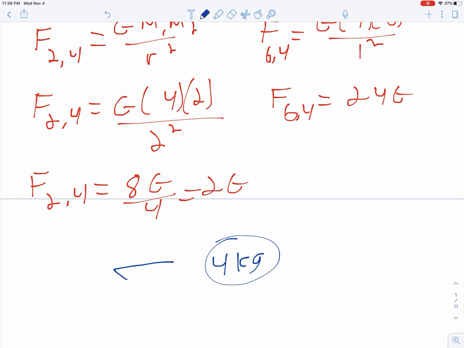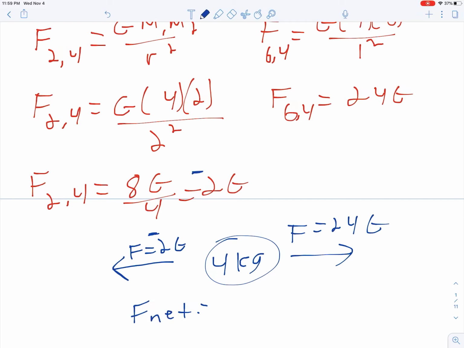It's got 2G pulling it that way, and a force of 24G pulling it that way. I need to make sure that this is negative because it's pulling to the left. So the net force would be minus 2G plus 24G, which is 22G.